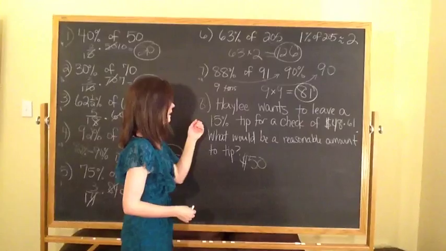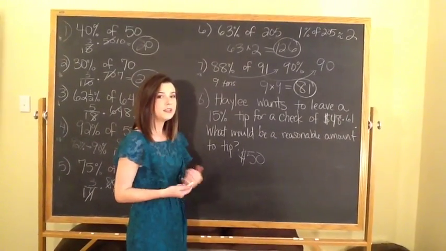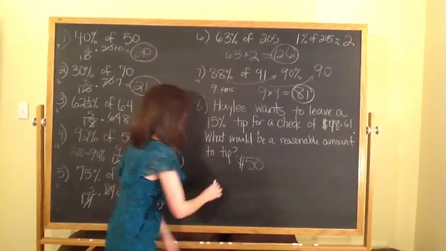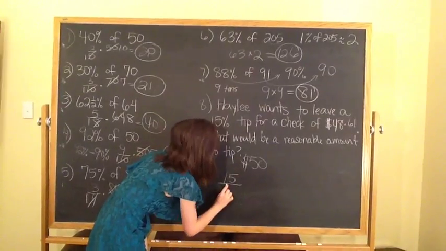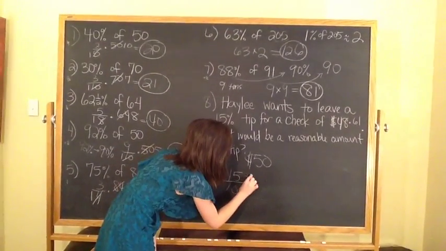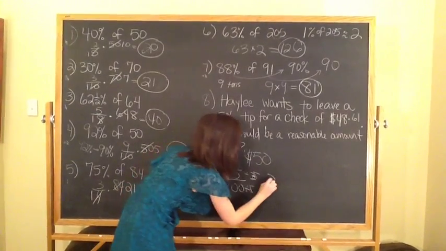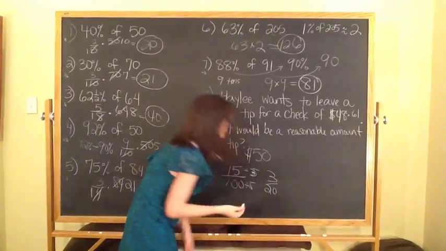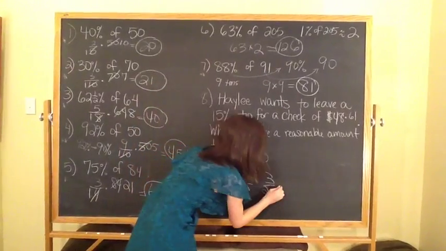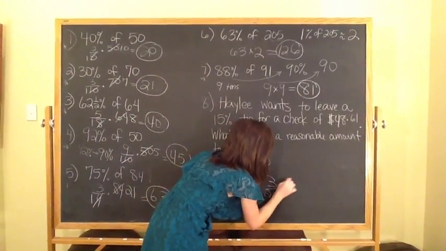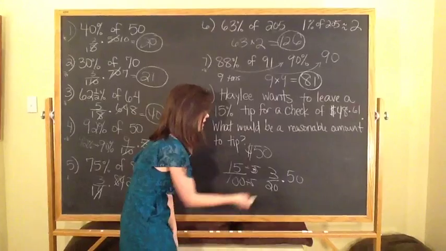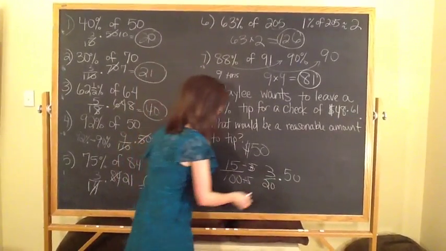So let's think about, well, what is 15% in fraction form? So we have 15 over 100, and we're going to divide by 5, and we're going to get 3 over 20, which is in simplest form. So now I'm going to multiply that by 50. So 3 out of 20 of 50. So let's simplify.